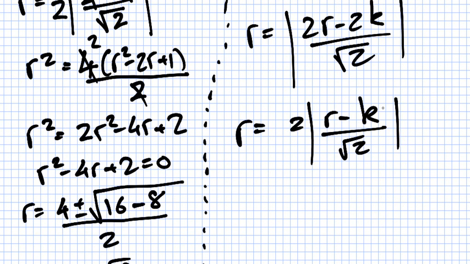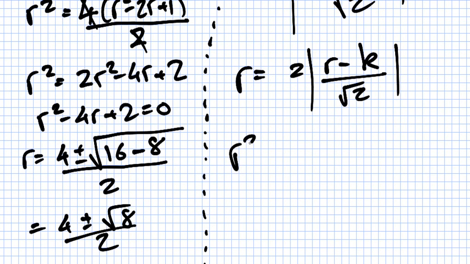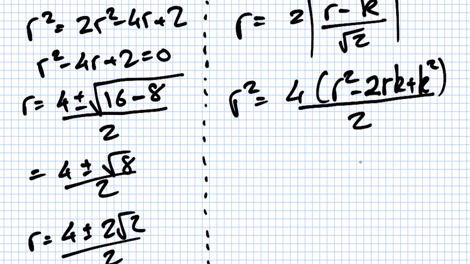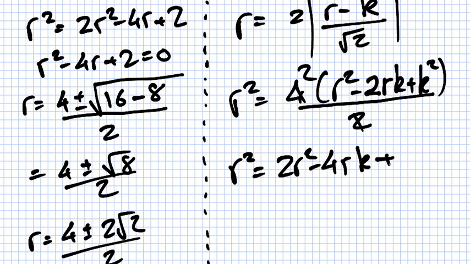I can square everything. r squared equals 4 r squared minus 2rk plus k squared all over 2. So that goes in there twice, and I get r squared equals 2r squared minus 4rk plus 2k squared.